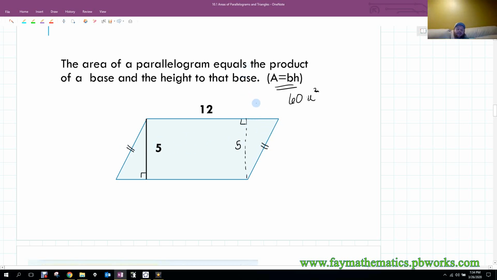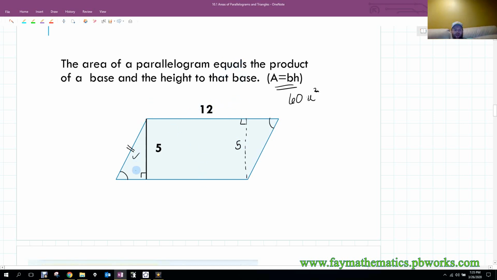And we also know opposite angles are congruent in parallelograms. We have quite a bit of information going on here. And if I think about it, I can think of this triangle here being congruent to that one by hypotenuse leg, or congruent to that one by angle side.